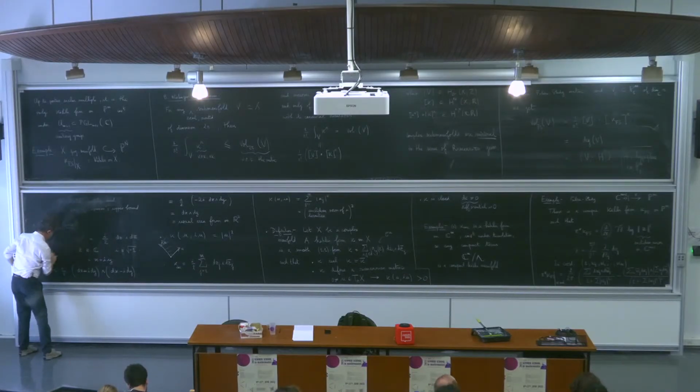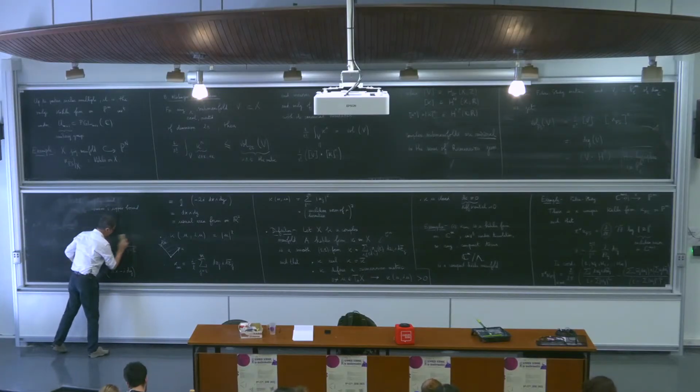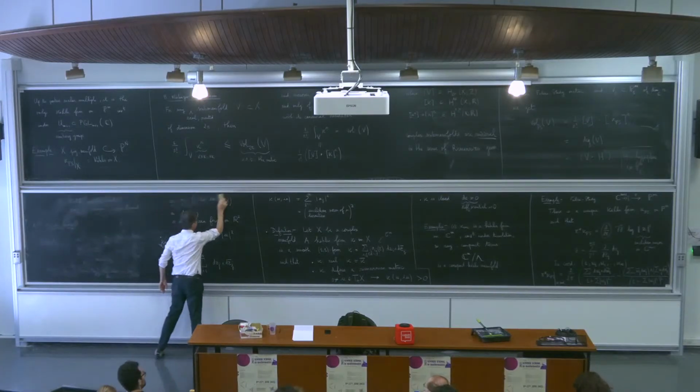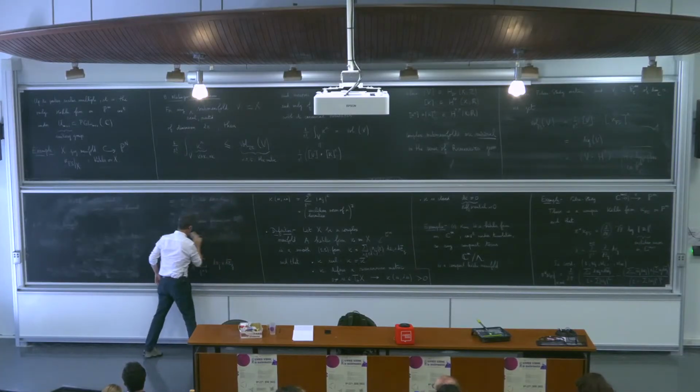Now I want to come back to the definition of dynamical degrees. And then I will start the proof of Gromov's upper bound theorem.